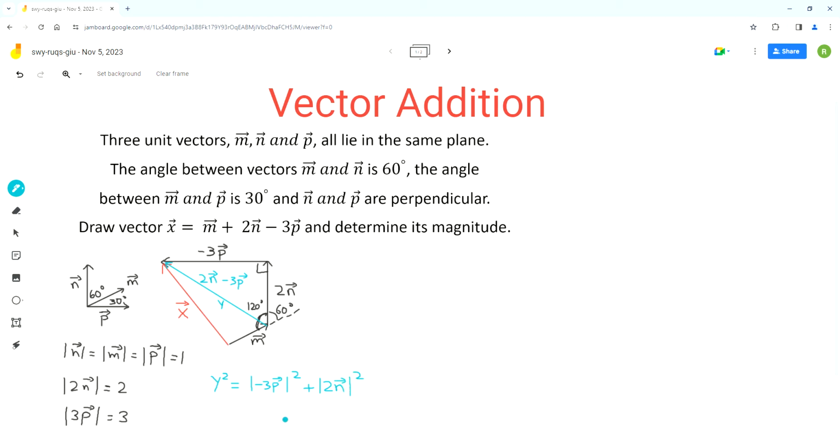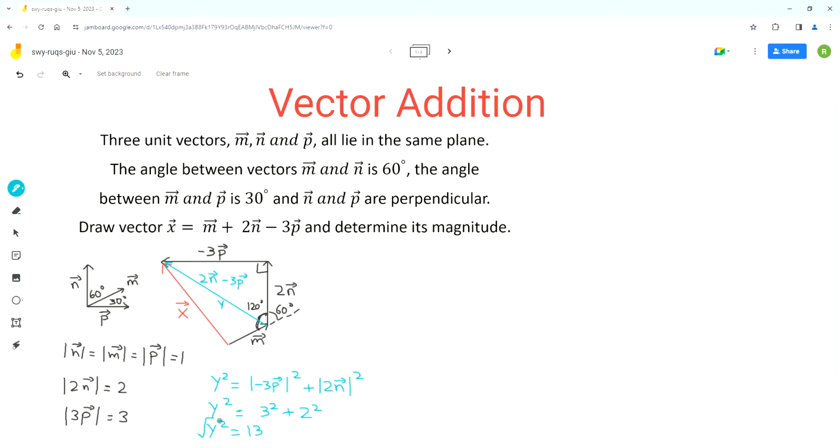So we are using Pythagorean theorem. So we get y squared equals, so we know the magnitude of vector 3p is 3, so it will be 3 squared plus 2 squared. And if we square and add the numbers, we get y squared equals 13.